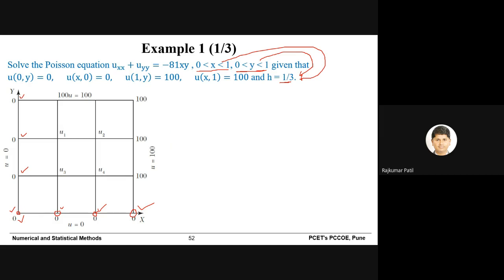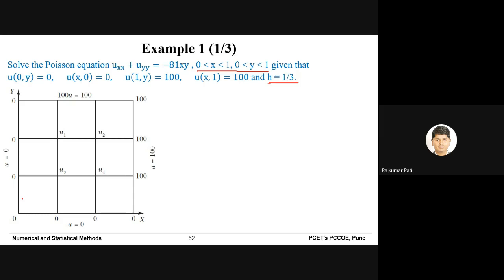So that's why you can see here we have drawn 4 horizontal lines for the values of y and 4 vertical lines corresponding to the values of x. So this is how you can draw a mesh having 4 vertical and horizontal lines, and this mesh is created by using the range which is given for x and y and step h.